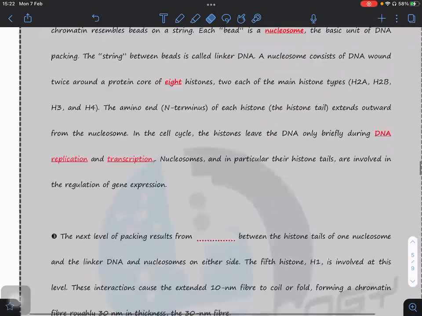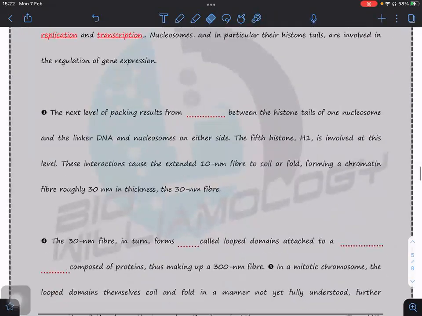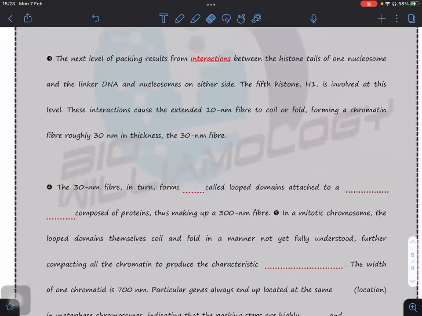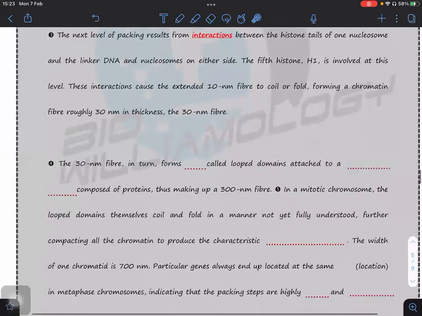The next level of packing results from the interaction between the histone tail of one nucleosome and the linker DNA and nucleosomes on either side. The fifth histone, H1, is involved at this level, making them packed even more tightly together. This interaction causes the extended 10 nanometer fiber to coil or fold, forming chromatin roughly 30 nanometers thick, known as the 30 nanometer fiber.